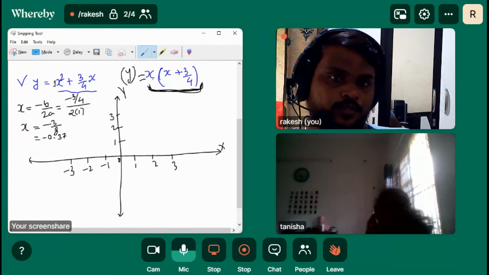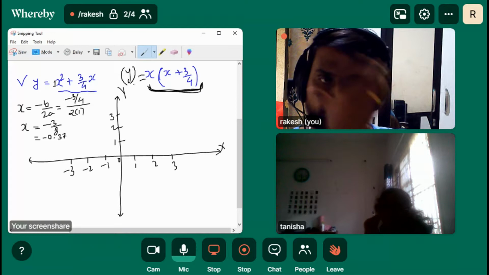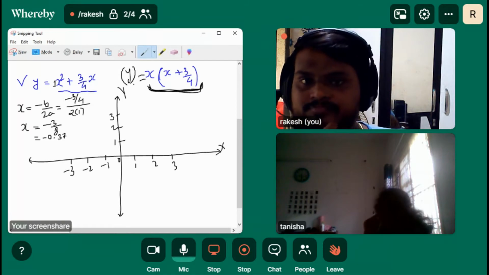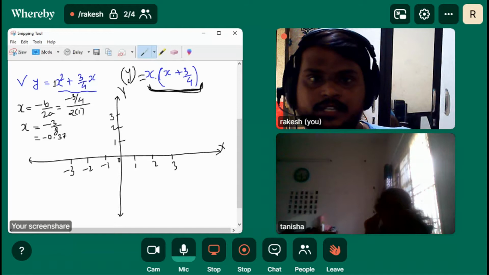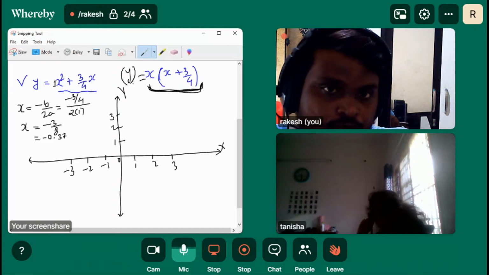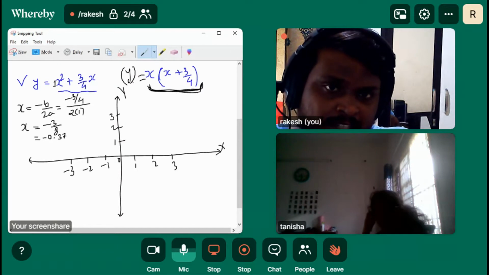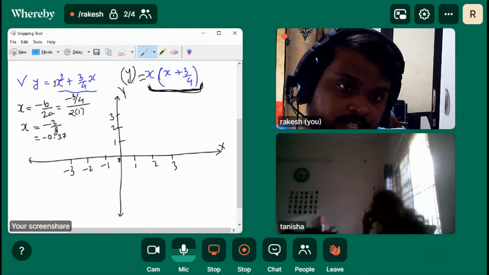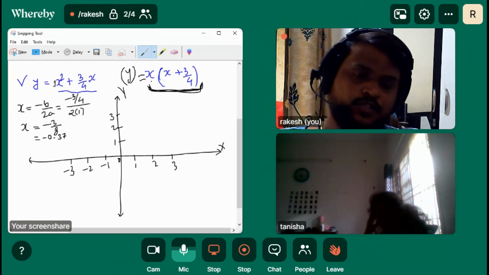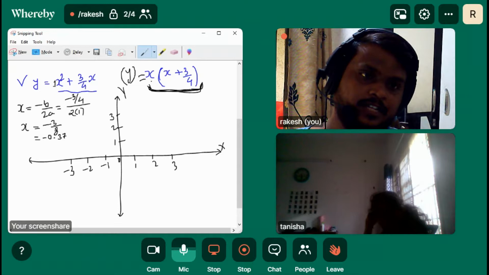I want the required x values which lead you to the x-axis, that give you y is equal to 0 basically. Let me help you. If you plug x is equal to 0, what would be the y value?